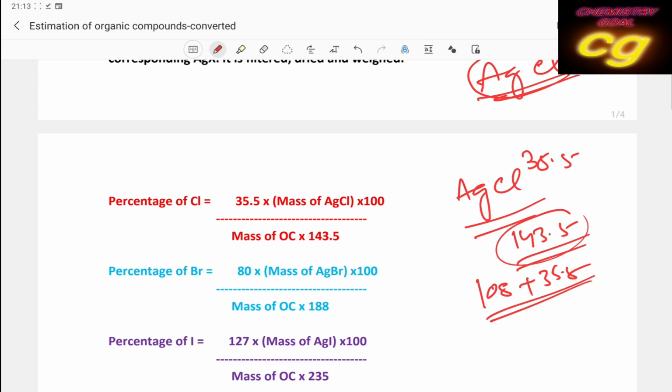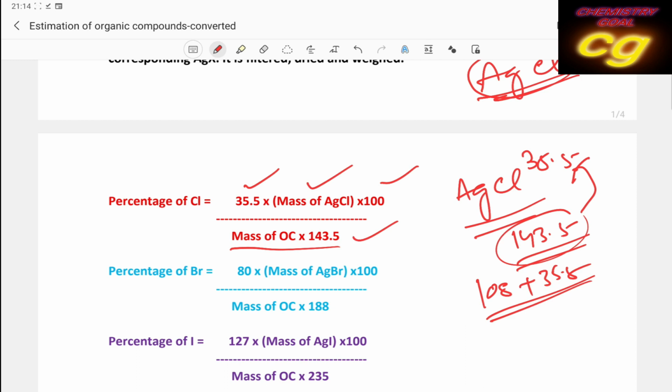So 143.5 contains 35.5 gram chlorine. So in this formula, same as previous: 35.5 into mass of AgCl produced during the reaction, into 100, divided by mass of organic compound into 143.5.